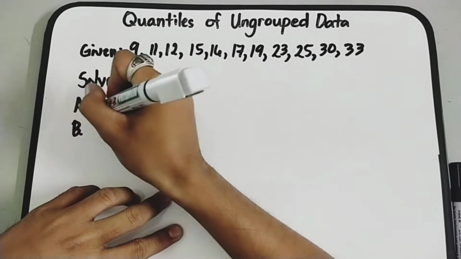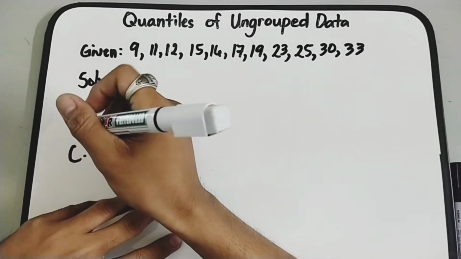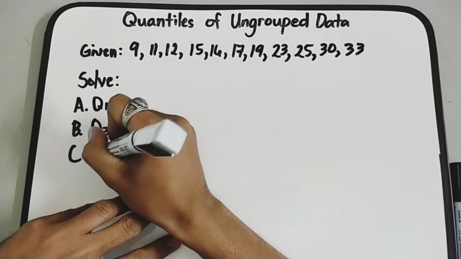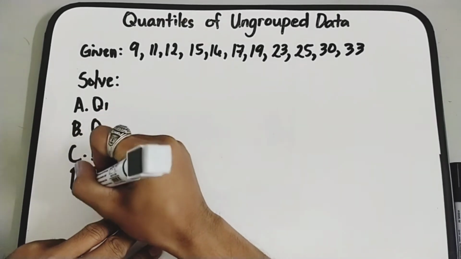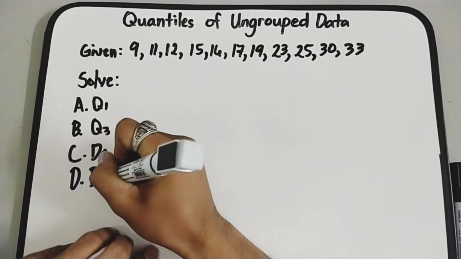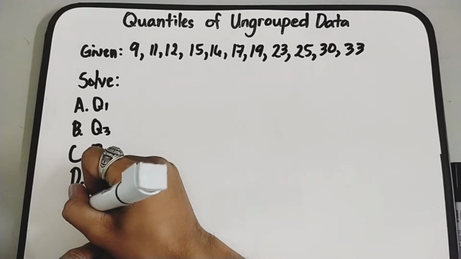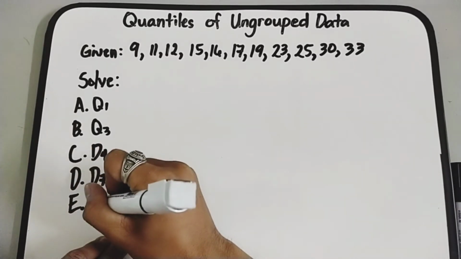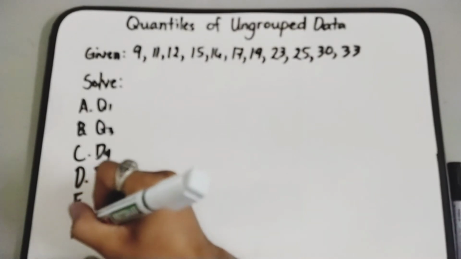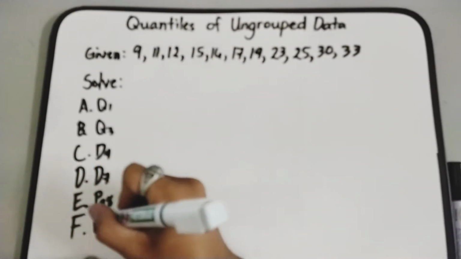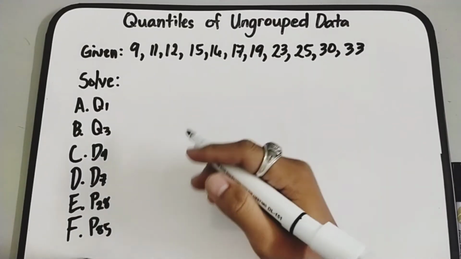Letter B, quartile 3. Letter C, decile 4. Letter D, decile 7. Letter E, percentile 28. And lastly, letter F, percentile 85. Ito yung mga hahanapin natin ngayon.